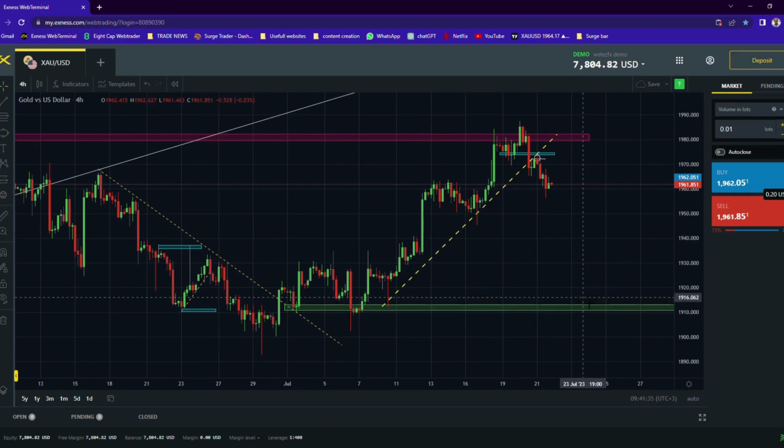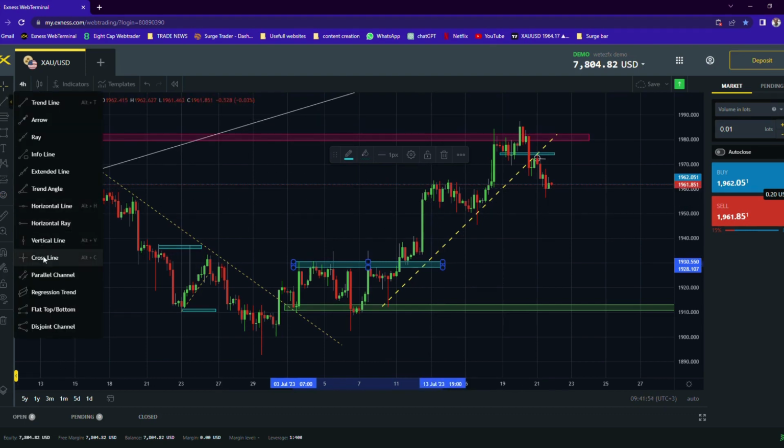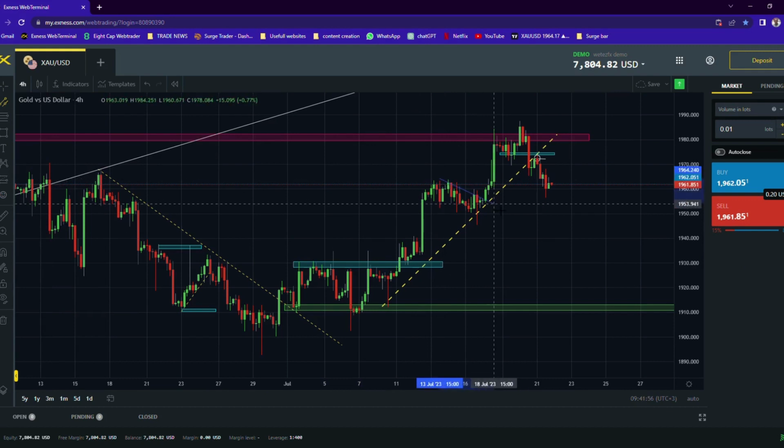As you can see, at the beginning of this month we had a move that started going to the upside. You can see right here in this zone, it was broken and retested, and we saw a move to the upside. We also saw a structure right here, which is a flag on the 4-hour chart.